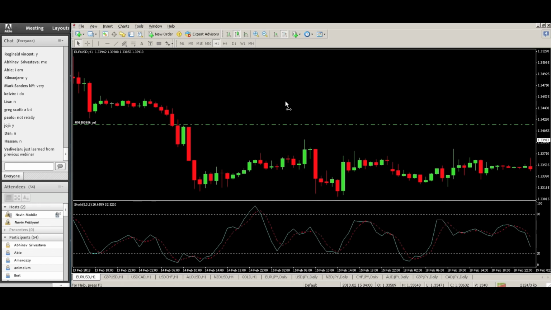What I mean by opposite is if the price is doing the opposite of the stochastics, that means price is going to change directions. I'm going to repeat that one more time. If price is doing opposite than what the indicator is doing, price will change directions. So I'm not going to use the word divergence, hidden divergence, confluence, and all of that nonsense. I'm going to simply use the word opposite.